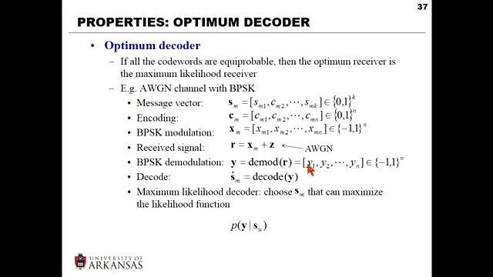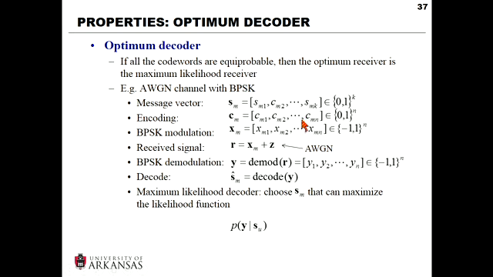If r is greater than 0, we make a decision in favor of 1. If r is less than 0, we make a decision in favor of -1. That's maximum likelihood detection. Once we have 1 and -1, it's binary, and then we can do decoding, for example, by using syndrome decoding. So that's the general way of doing that.